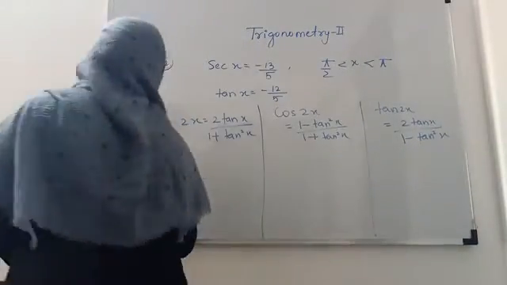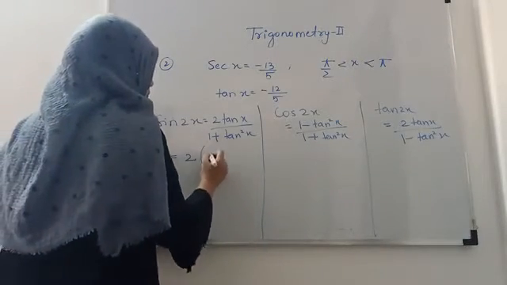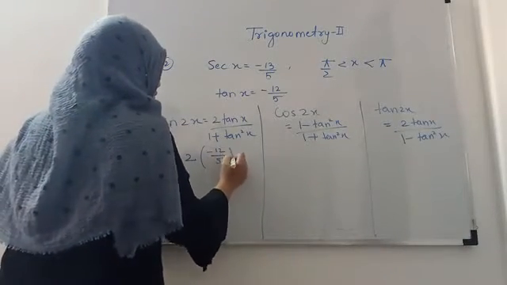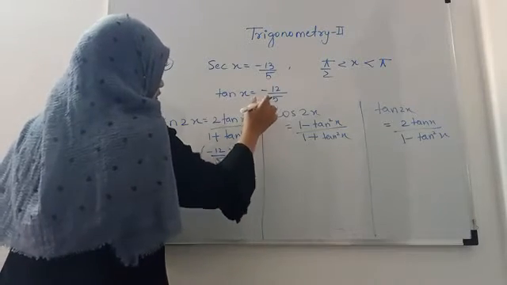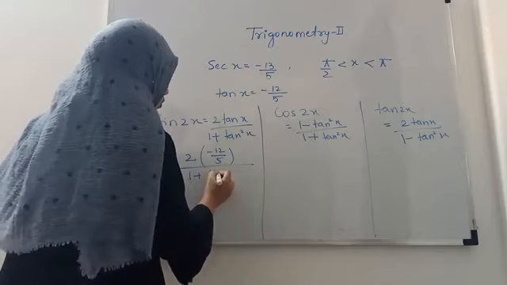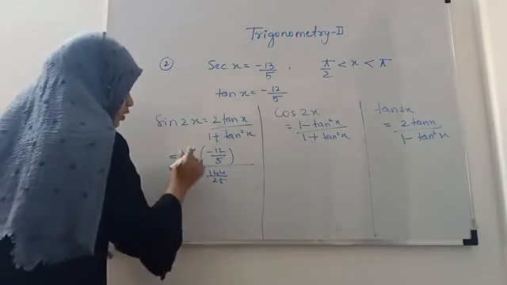Okay, now we have to just substitute the value of tan x. So which is 2 times minus 12 upon 5 divided by 1 plus 12 upon 5 the whole square, that means 144 upon 25. Right, so take a cross multiplication.